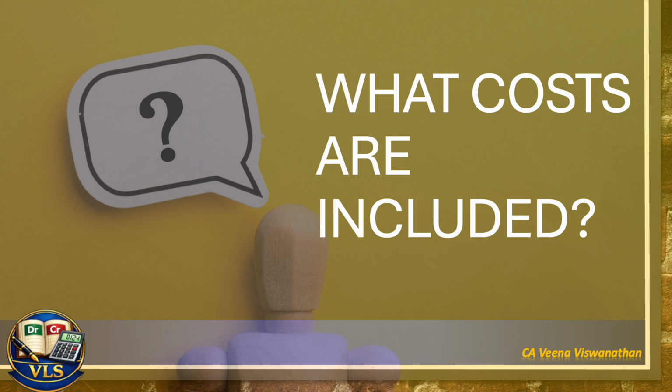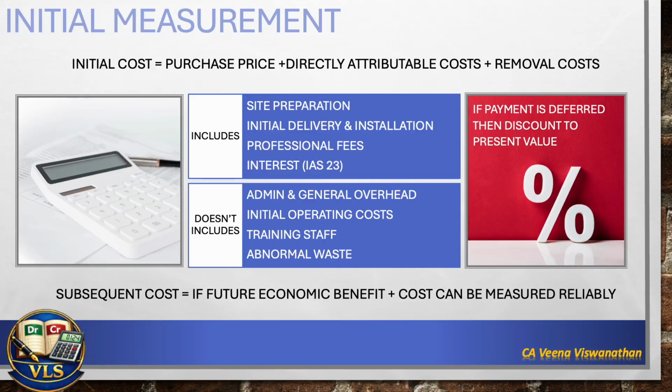The standard requires all the costs necessary to bring the asset to its present location and condition to be included. So, what are they? Three main categories of costs are capitalized. First is the purchase related cost, that is the purchase price, which includes import duties, non refundable taxes, and any discounts or rebates.